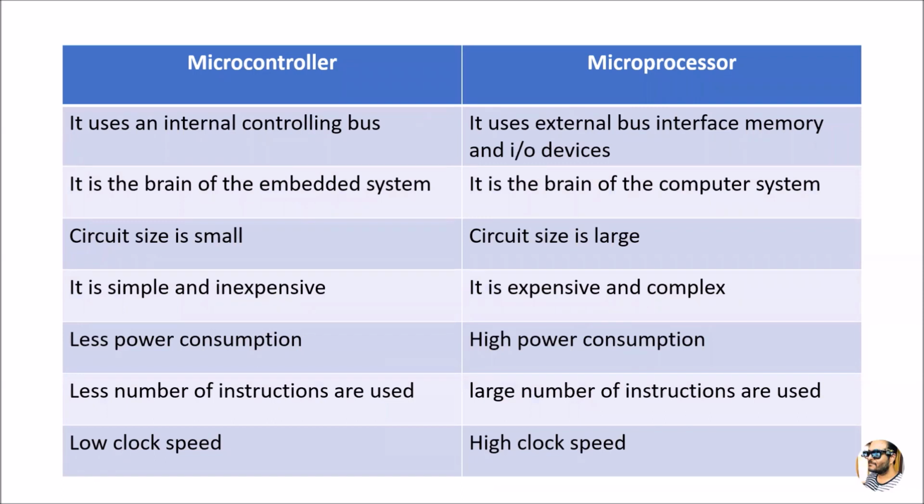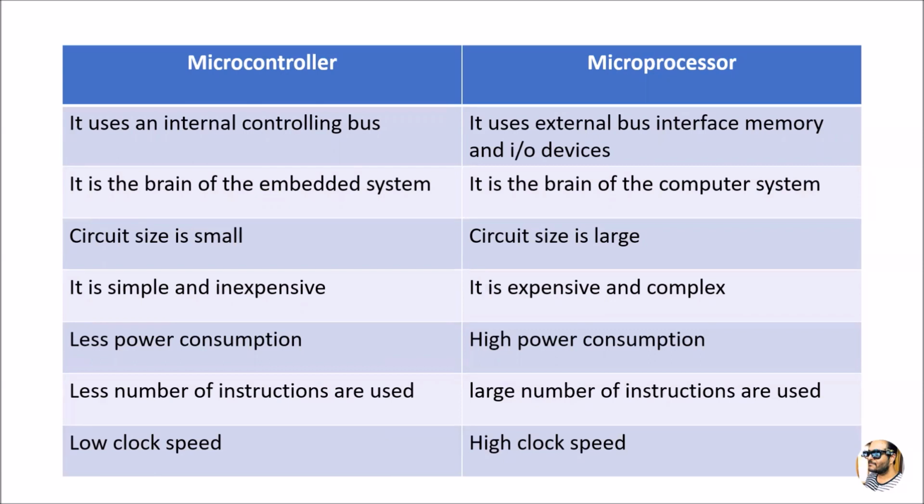Coming to the microcontroller, it uses an internal controlling bus. Coming to the microprocessor, it uses an external bus interface for memory and IO devices. Everything is externally connected using a bus.